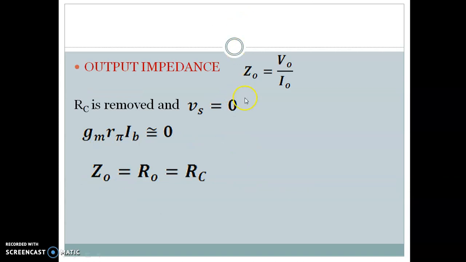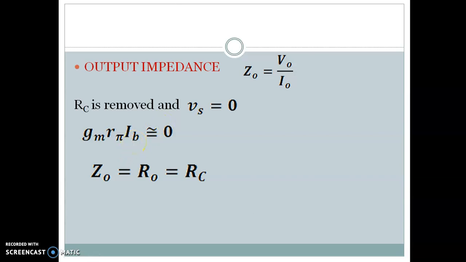Next, your output impedance. Z0 is equal to V0 by I0. To compute your output impedance, normally we will replace your signal source by a short circuit, and we'll remove the load. Since your RC resistor is used as a load resistor, now RC is removed and Vs is set to 0. When Vs is equal to 0, Is is equal to 0, so Ib equal to 0.